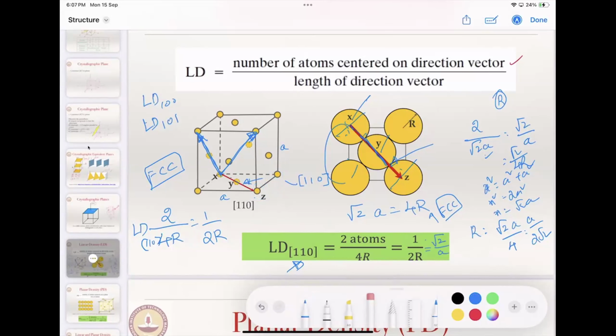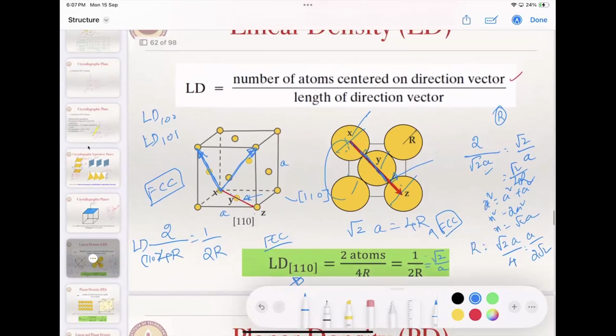LD110 on an FCC lattice is not the same as in the BCC lattice. And it turns out that in FCC material, the 110 direction is the most closely packed direction.